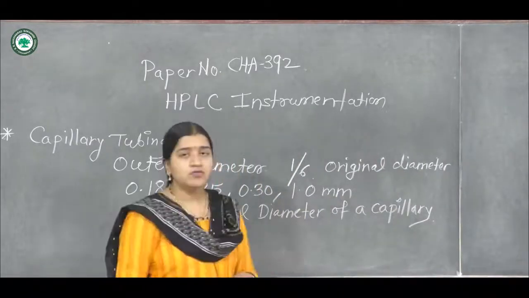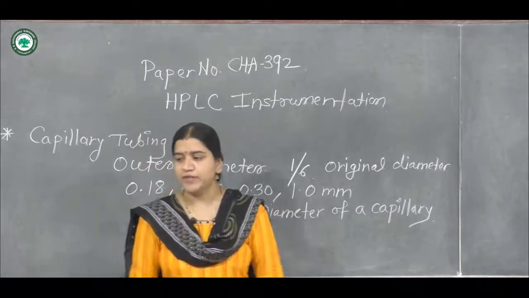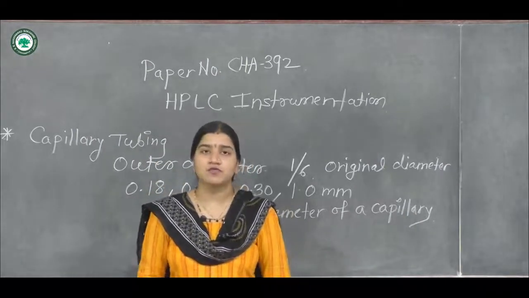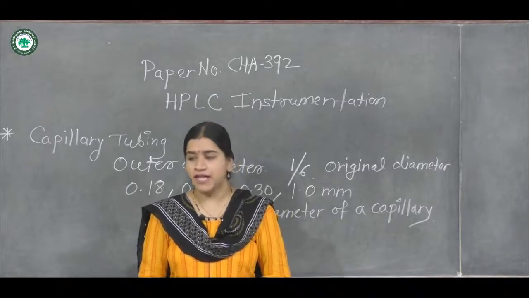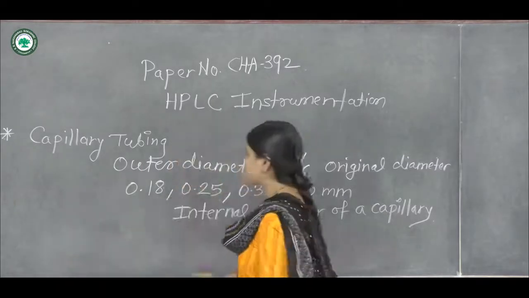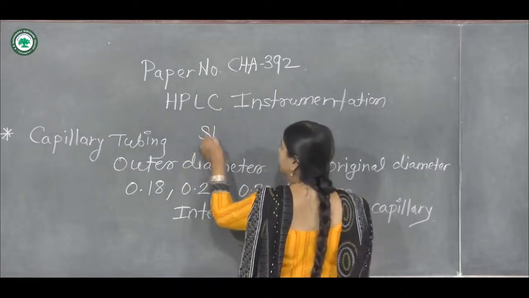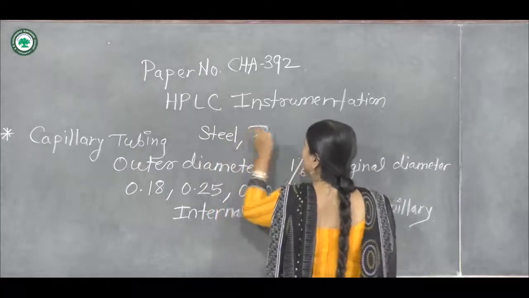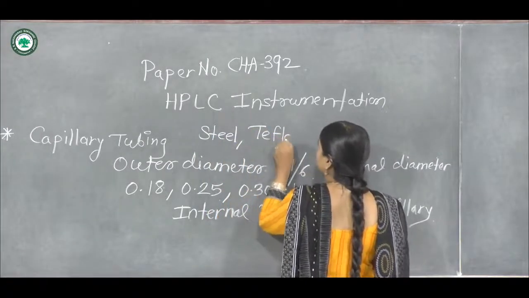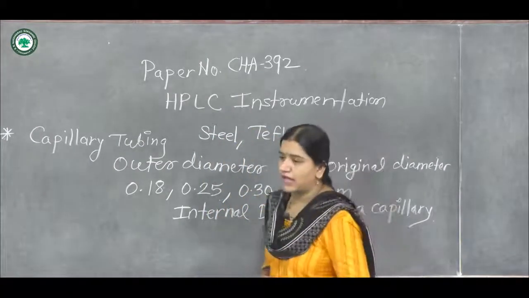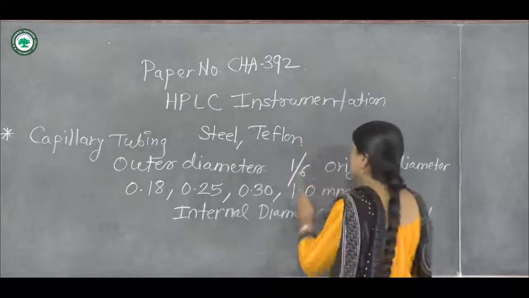Now in case of capillary tubing, normally the materials which are used for making the capillary are steel, then Teflon, and one more is PEEK.